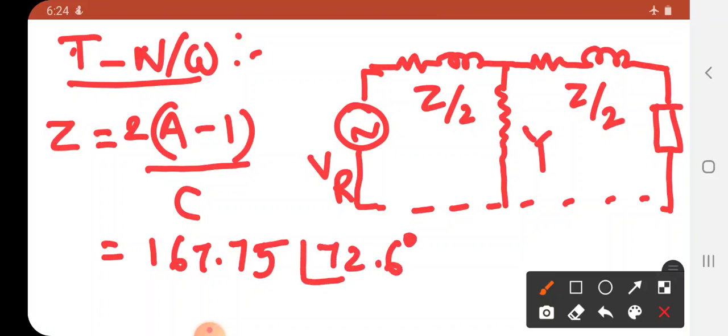This is the impedance value for nominal T, and we repeat the same procedure for nominal pi, that is the equivalent pi model. In the case of a long transmission line, we represent that as the equivalent pi model.